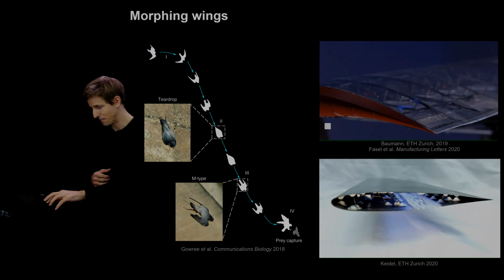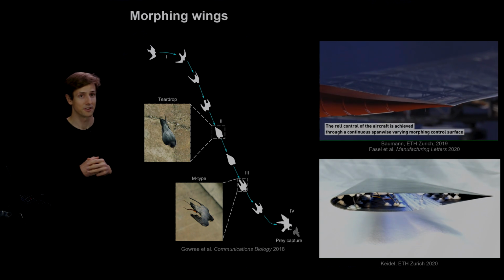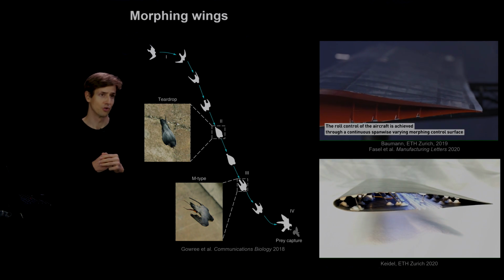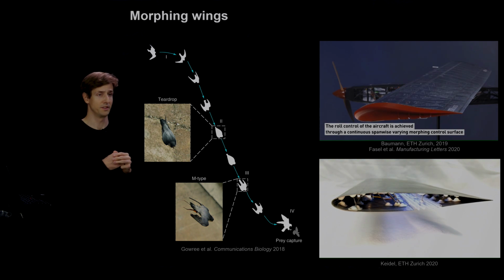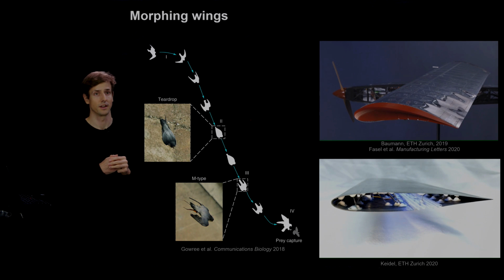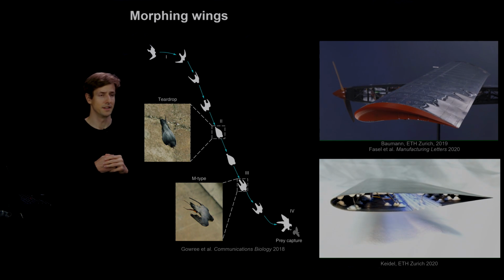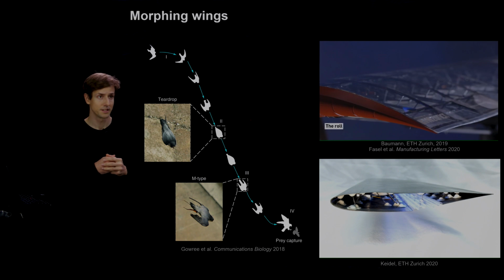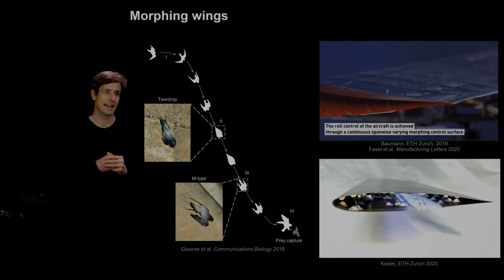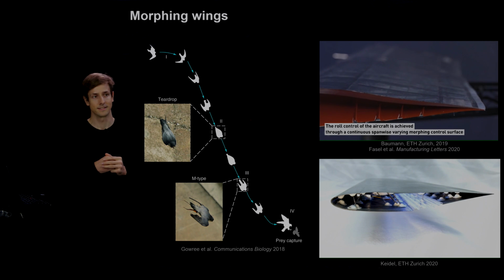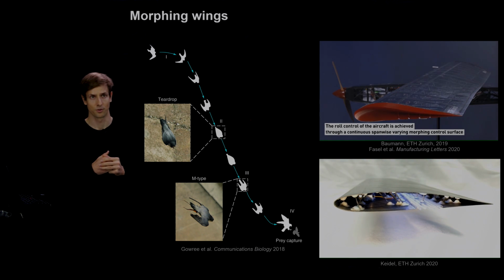And of course, we are not exactly there yet, but there is a lot of research ongoing in the morphing wings community. So what you can see, for example, in these two videos is recent work from CMASLab at ETH Zurich. In the top video, you can see a 3D printed composite morphing wing. And on the lower video, you can see a distributed compliance lattice structure morphing wing.